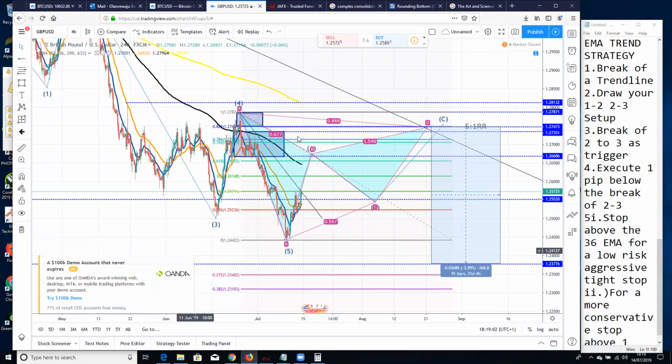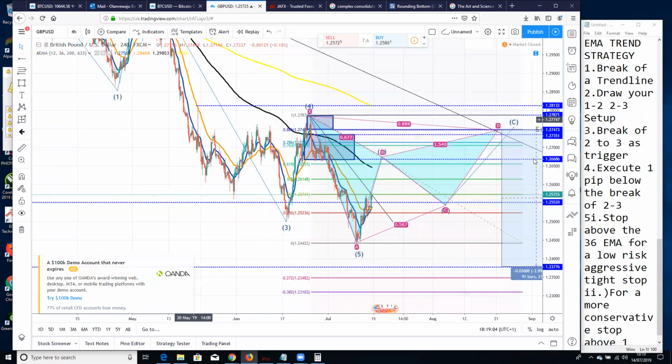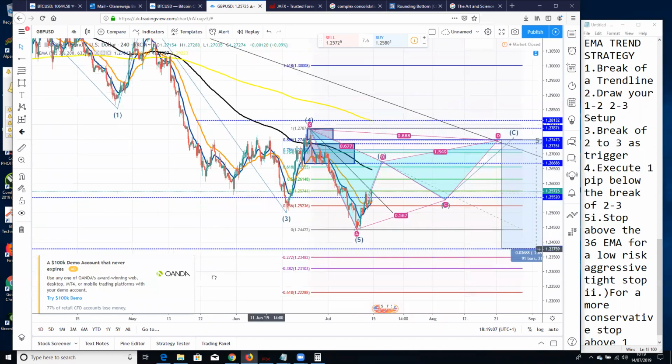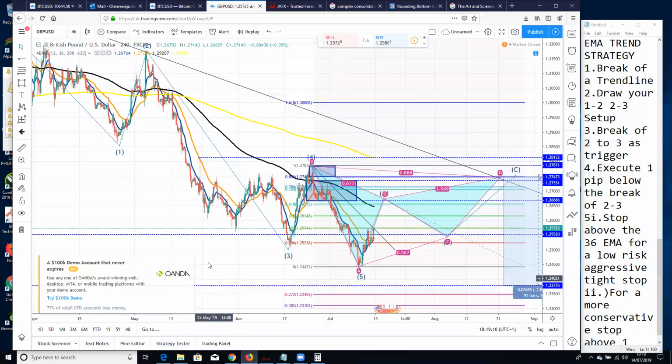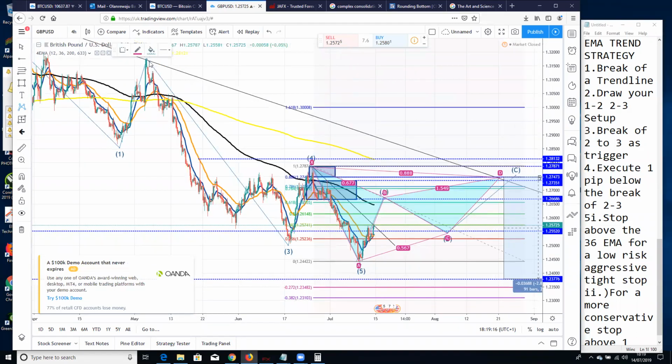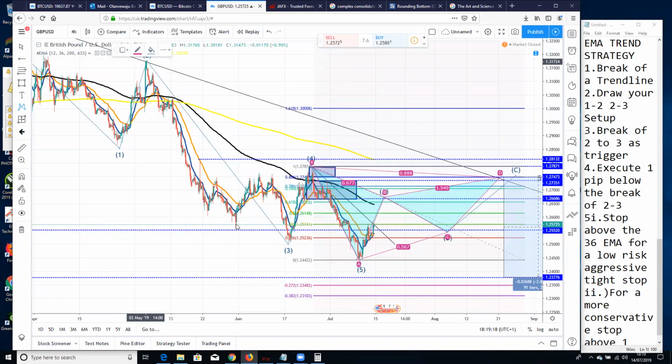For now, there's nothing. I'm looking at this 4-hour chart and looking for possible things again to strengthen our entry. Put that there. Put that there. Put that there.